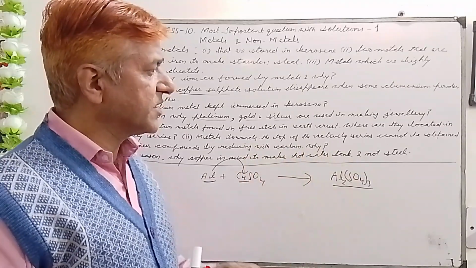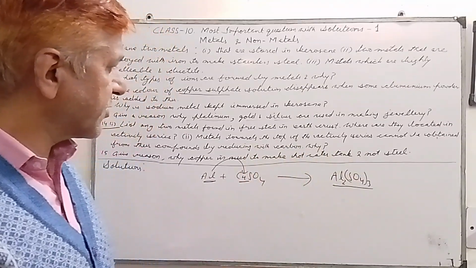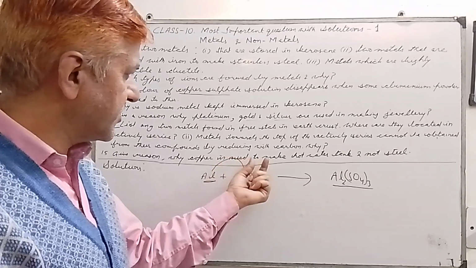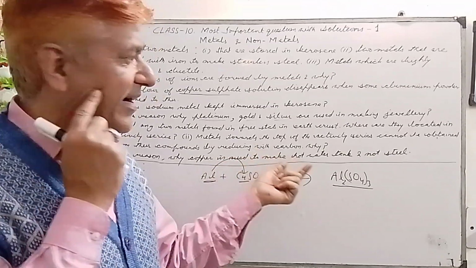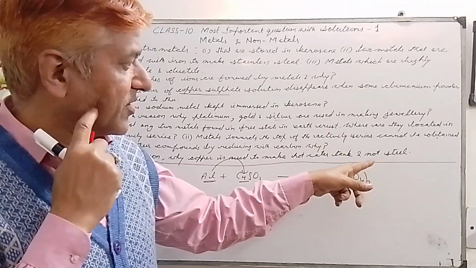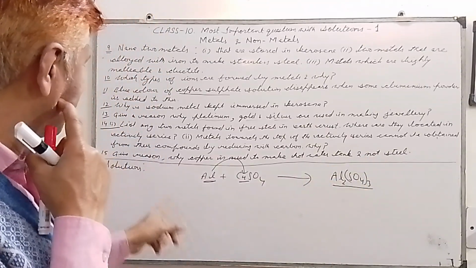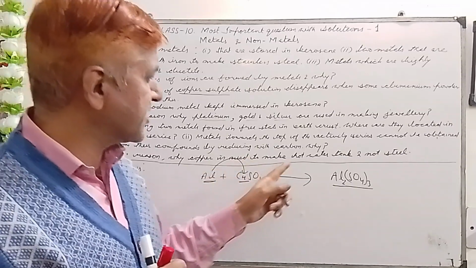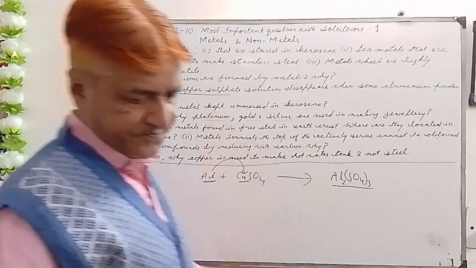On the other hand, steel is not as good a conductor of heat as copper, and moreover steel also reacts with steam or hot water. So it is copper which is used in making hot water tanks.